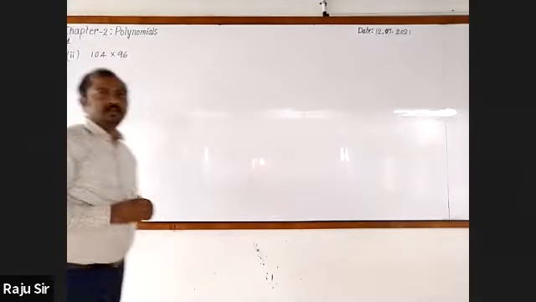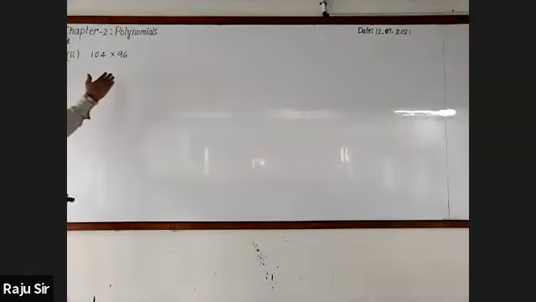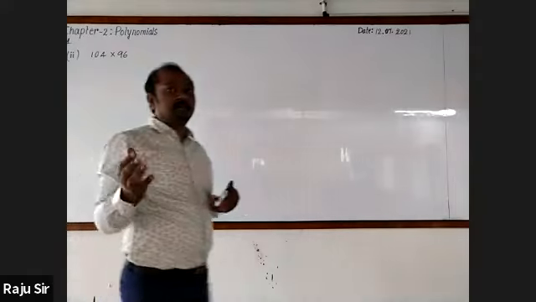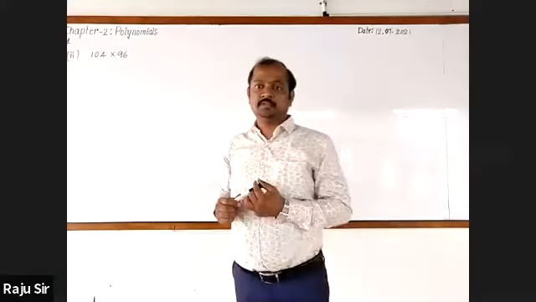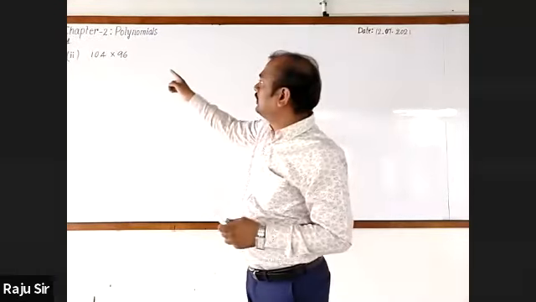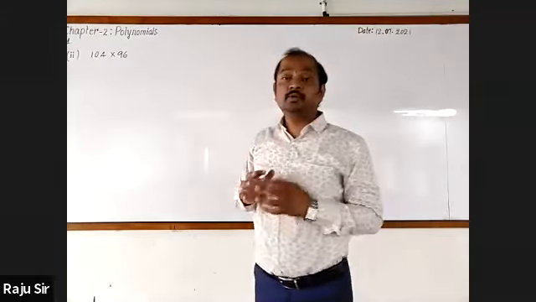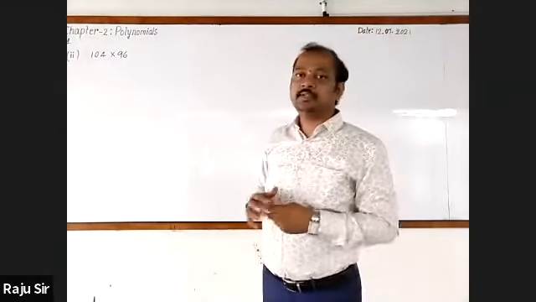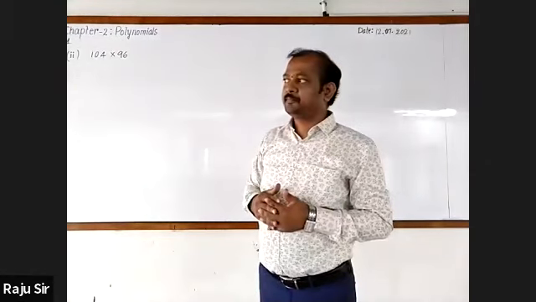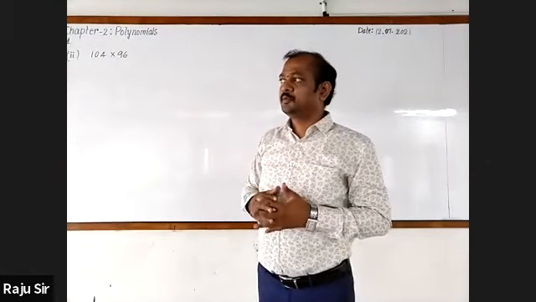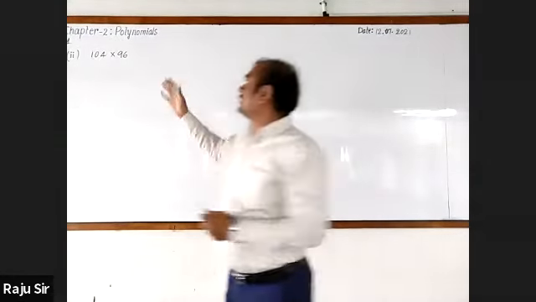Just by observing the statement only, you can come to know that it can be written in the form of an identity. Could you tell how you rewrite 104 into 96? 100 plus 4, 100 minus 4.